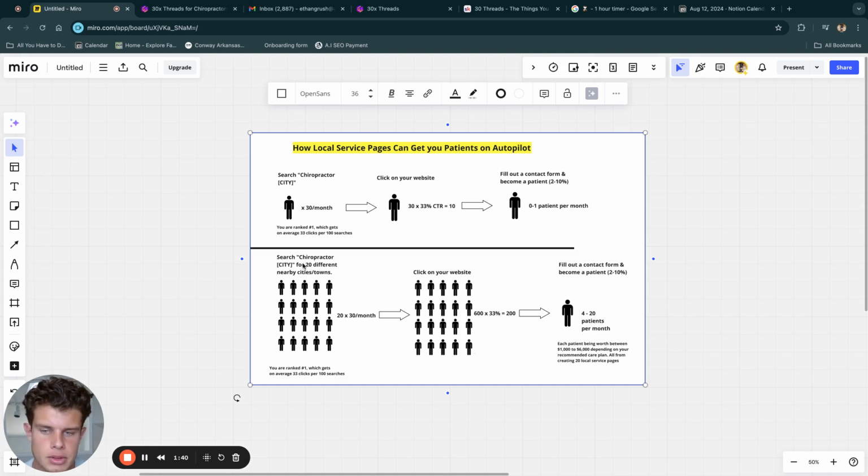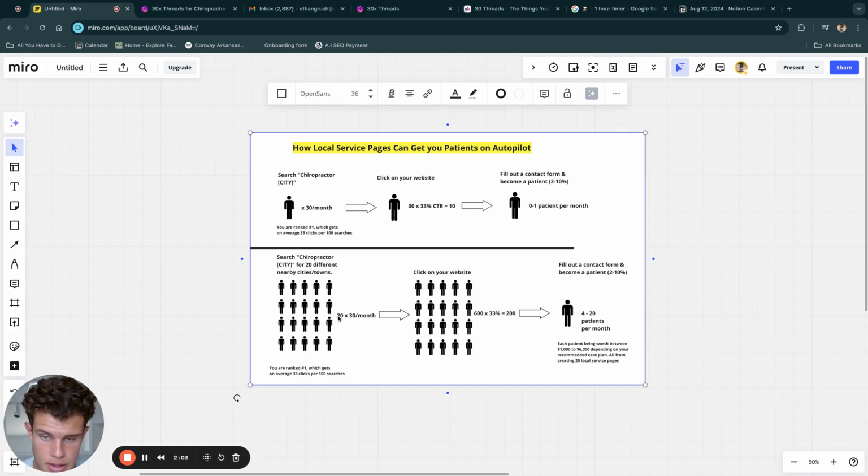So what if we were able to create a page with the same search term, but now for 20 different nearby cities and towns? So it could be chiropractor Los Angeles, chiropractor North Hollywood, chiropractor Beverly Hills, chiropractor Bel Air. So now we have this same style page, but with 20 different cities or towns.